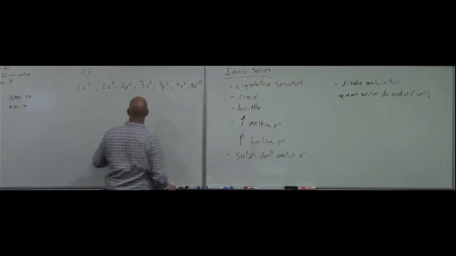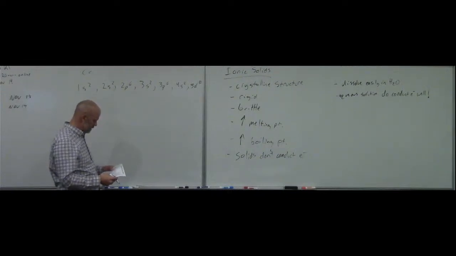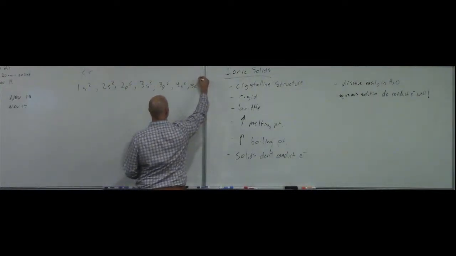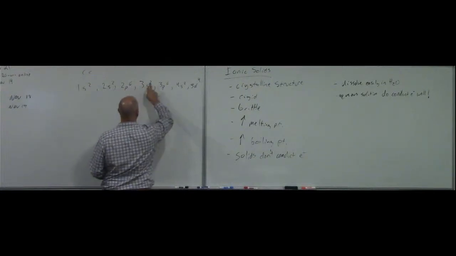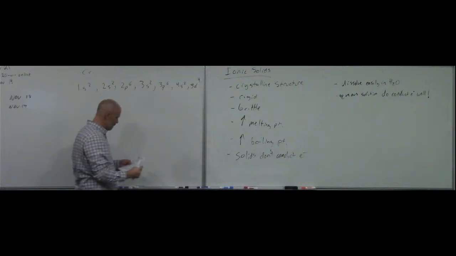It's probably more than I need. It's chromium. So you put 4s2, 3d4. Is that right? Let's add those up. 2, 4, 10, 12, 18, 20, 24.